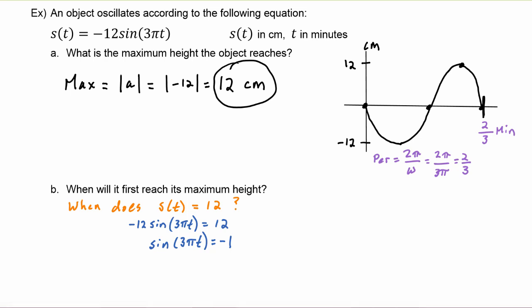Now let's think our way through this. We know that the sine of something has to equal negative 1. The sine of anything, I'll let A stand for anything, has to equal negative 1. Now think about a point rotating around the unit circle.